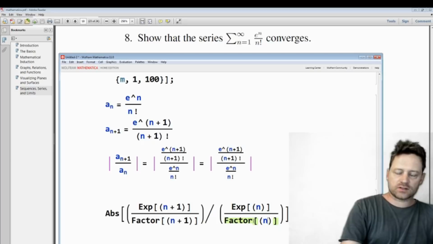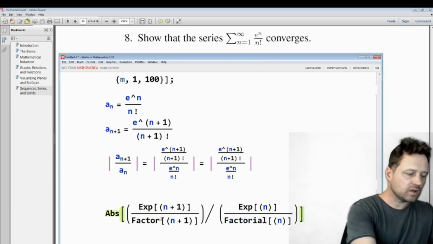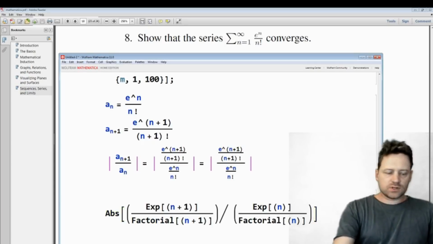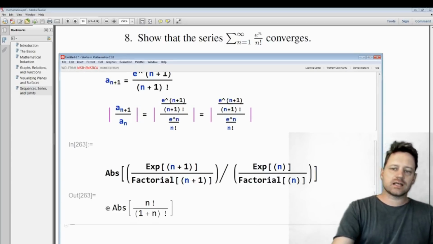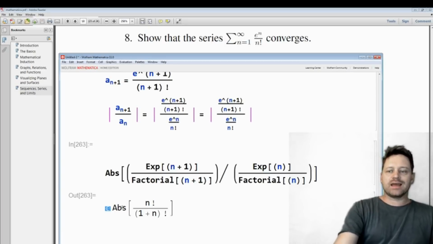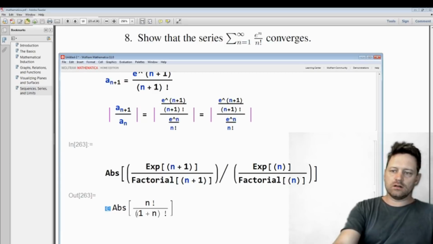Well, I've got factor, but I want factorial. Okay, so let's try shift enter, see what we have. This is saying that it's e to the power of 1 multiplied by the absolute value of n factorial over n plus 1 factorial.